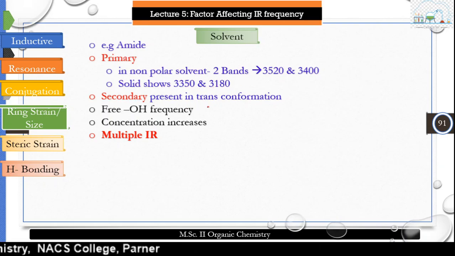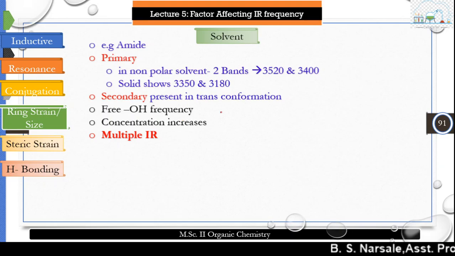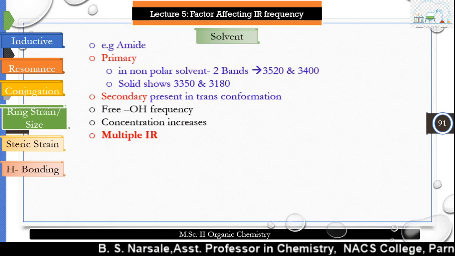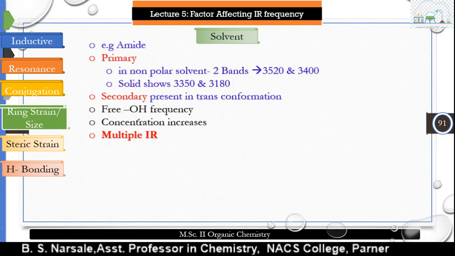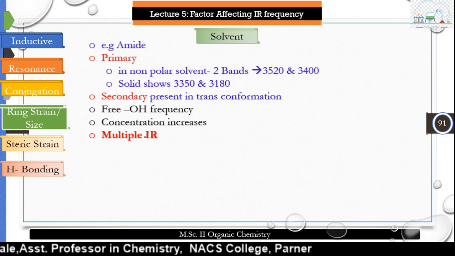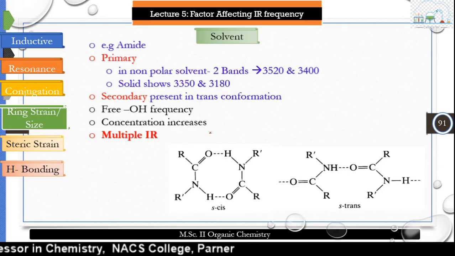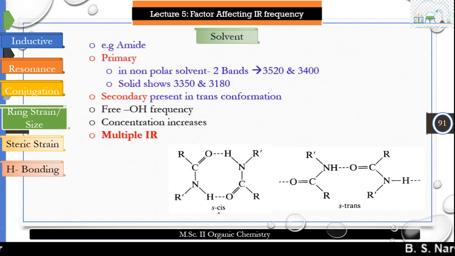If you look at secondary amide molecules, they have a free NH frequency, but if you increase the concentration, we observe multiple bands. Why multiple bands? Because they exist in a dimer form, that is the cis form.